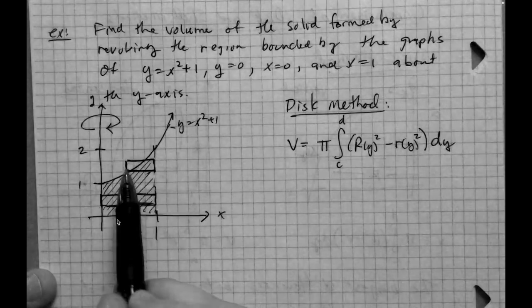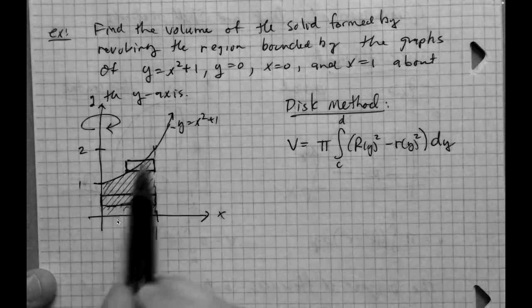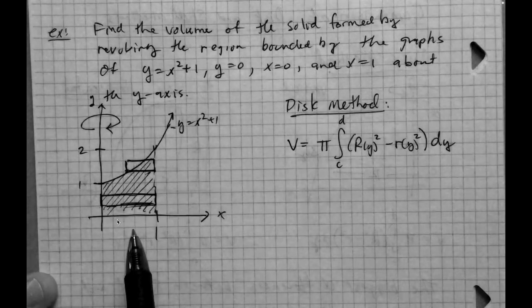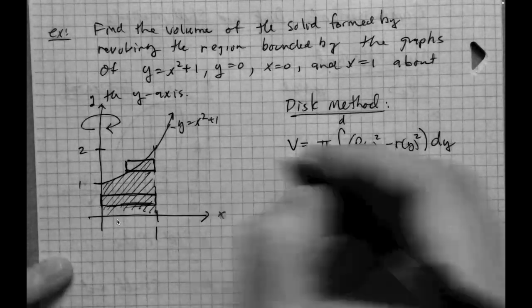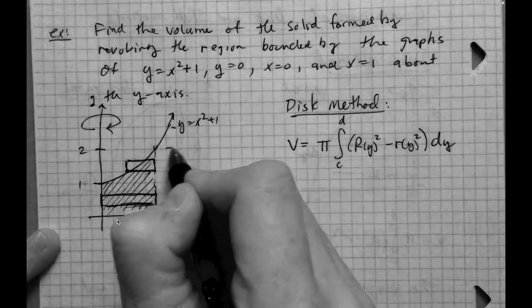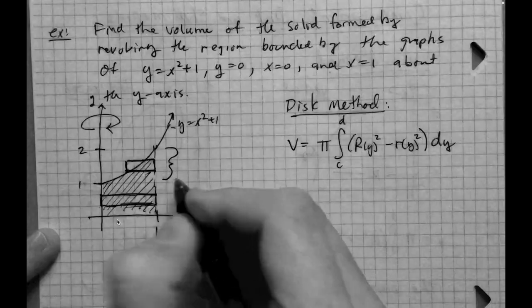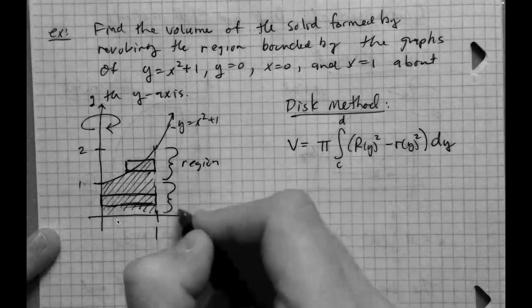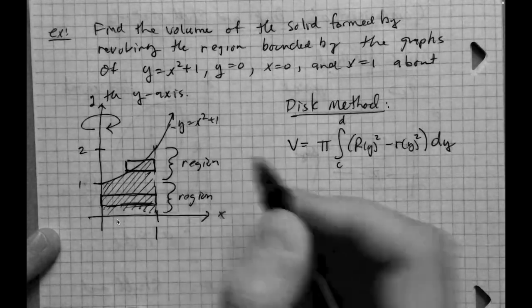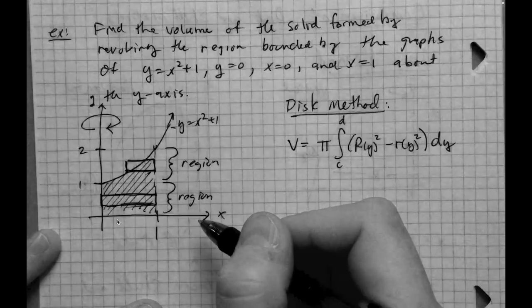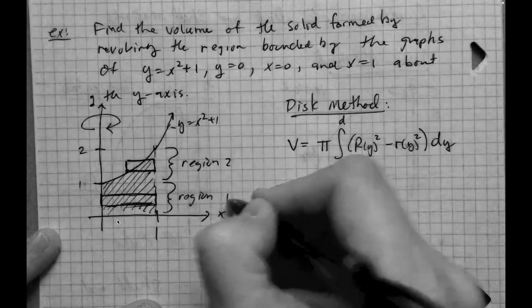But up here, the inner radius is this function here. It's this curve, isn't it? So this part here we called region 1, and this part here we called region 2. Let me double check that. Yeah, sorry, this was region 2, this was region 1.